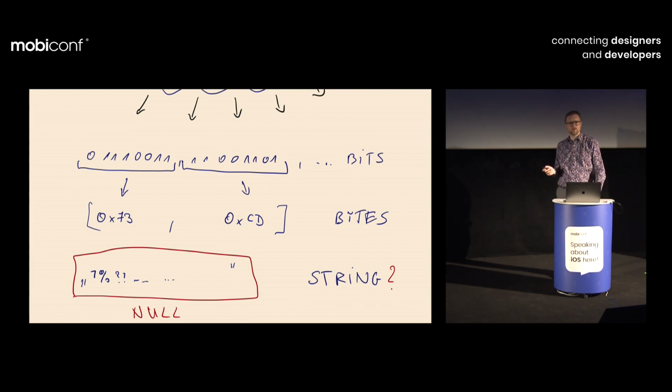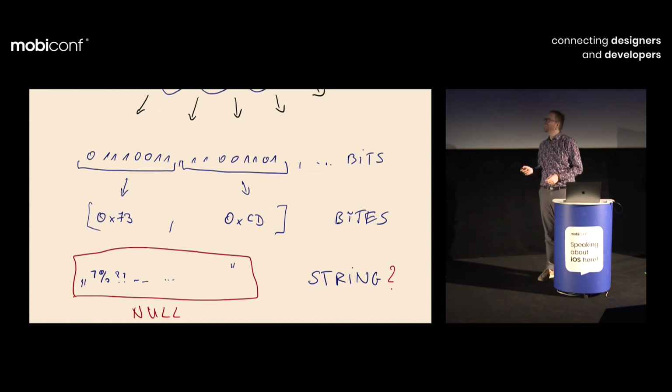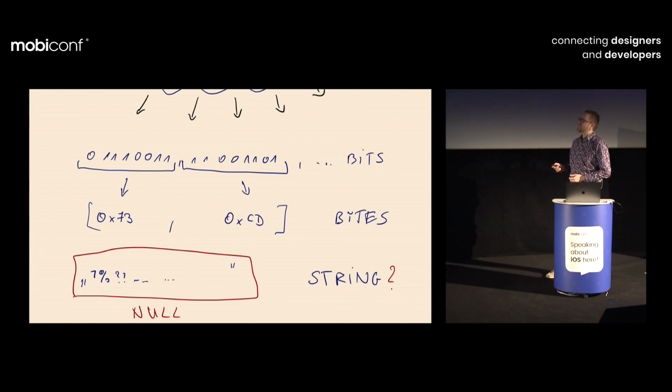So who knows what's going on here? If you know, you get a reward. Why does it fail? Maybe the assumption that one letter is one byte? You're right. So let's think, what is a string?